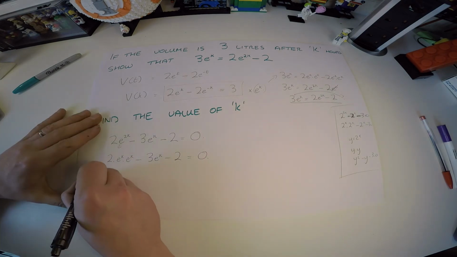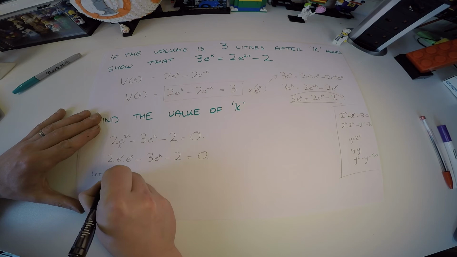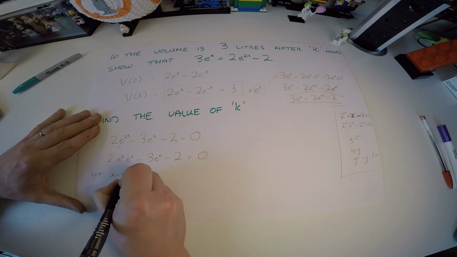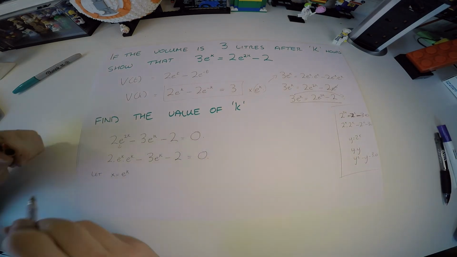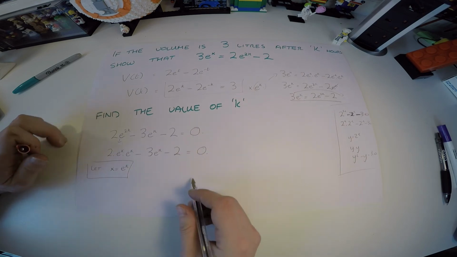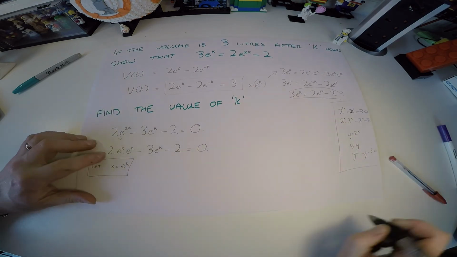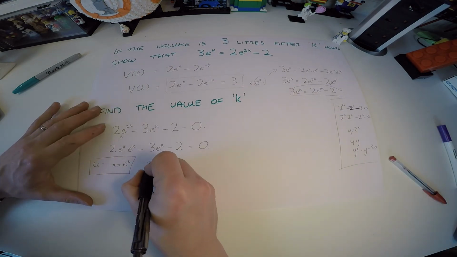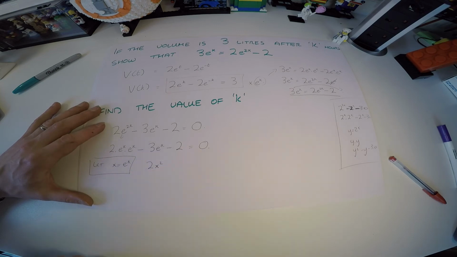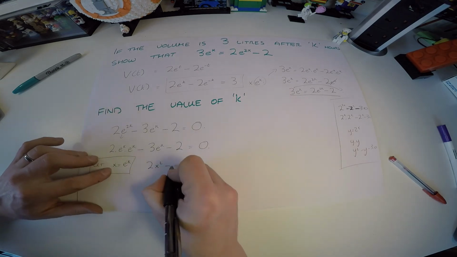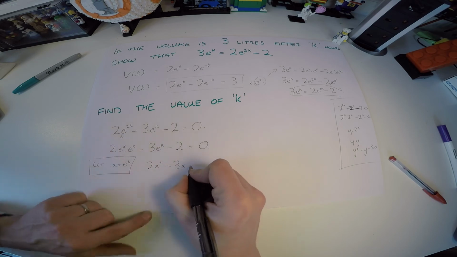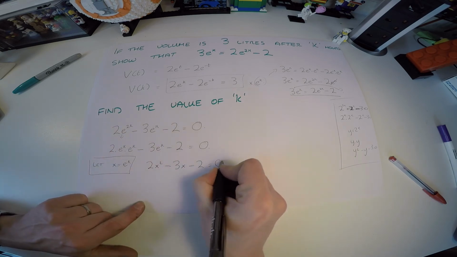Well, we can let, say, x equal to e to the k. So this is a substitution we must mark out. If that's true, and we're replacing all our e to the k's by x, we get 2x squared minus 3x, because e to the k goes to x, minus 2 equals to 0.